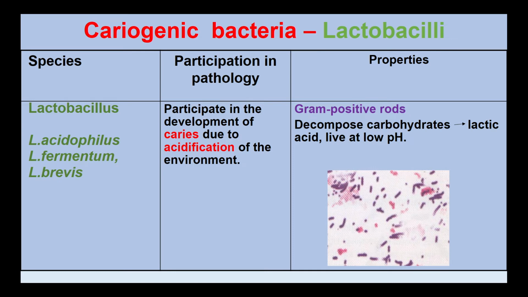They are gram-positive rods, anaerobic bacteria, and a property of these bacteria is that they decompose carbohydrates, forming lactic acid and as a result lowering the pH. That's why, in pathology, they participate in acidification of the environment and as a result initiate loss of calcium and destruction of the enamel.